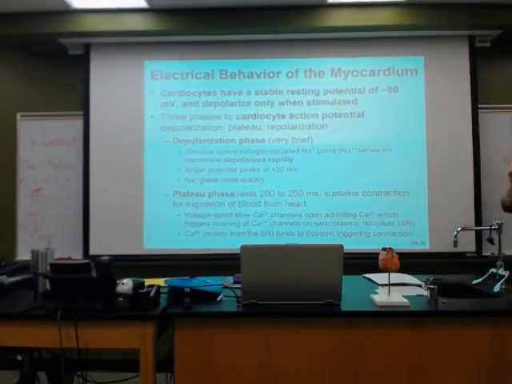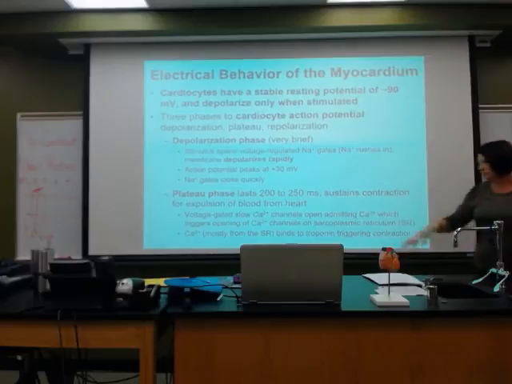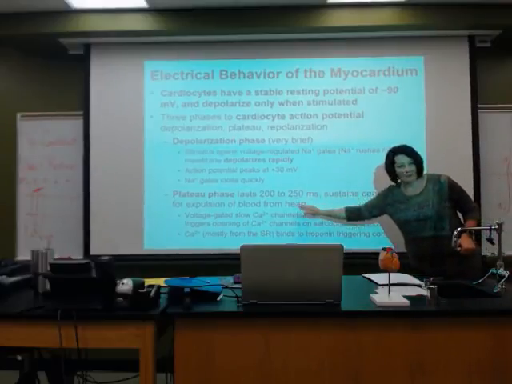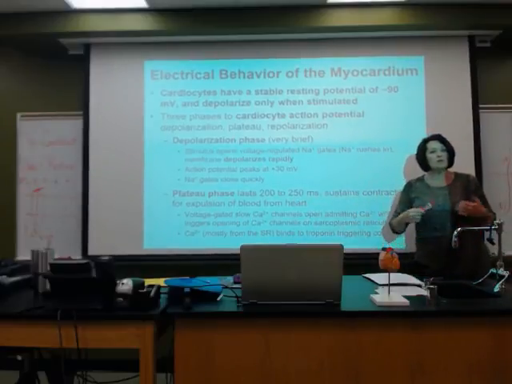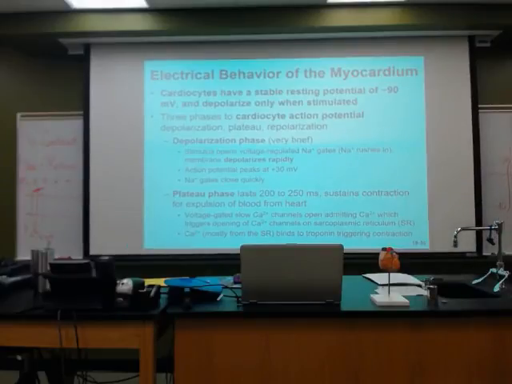Now, in the heart, we have what's termed a plateau phase. Did we see that in skeletal muscle or the nerve cell? We have a plateau that lasts about 200 to 250 milliseconds.